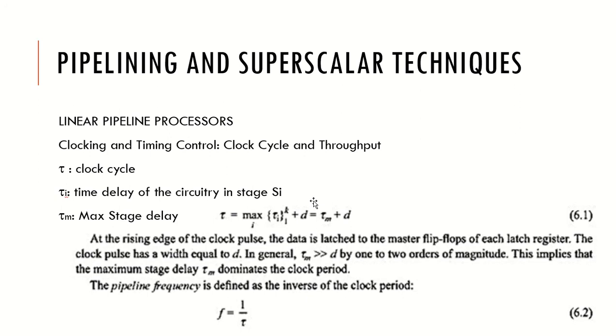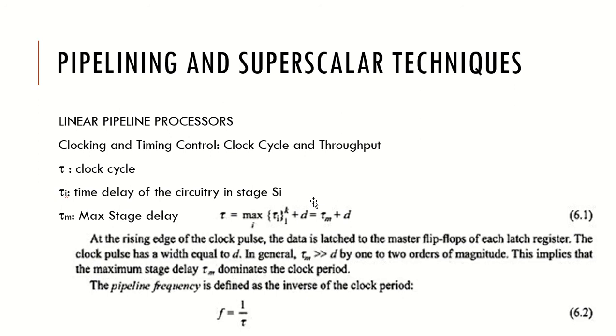Now we have to see what the maximum stage delay is. The maximum stage delay will be the maximum of all the delays of the stages of the pipeline. So you will have to identify the individual stage delays, take them, and find the maximum value; that will be the maximum stage delay.